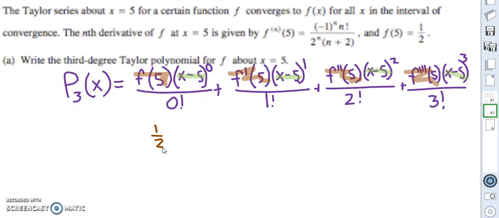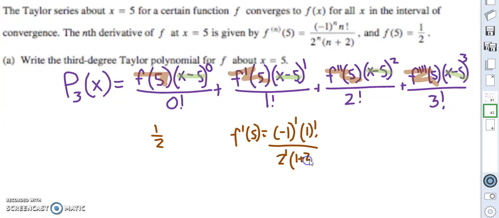F prime of 5, I'll plug a 1 into my formula. I get negative 1 to the 1, 1 factorial, 2 to the 1, 1 plus 2. That's going to be negative 1 times 1 over 2 times 3.